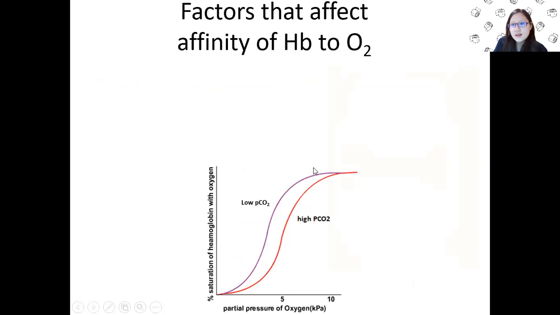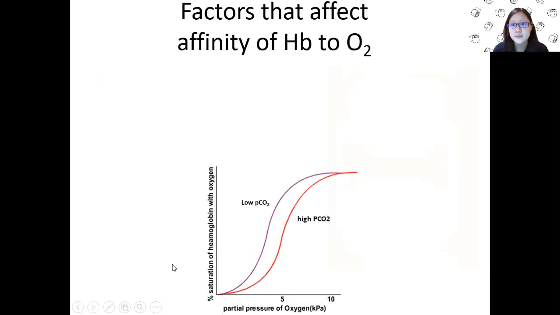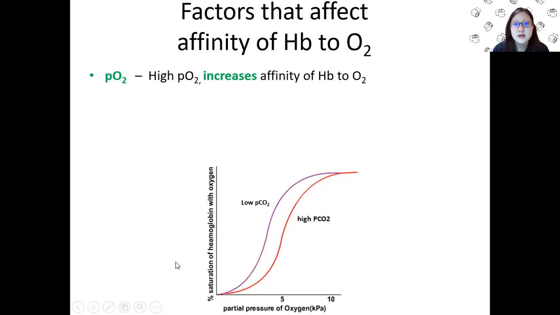Now, why do we say that the affinity of hemoglobin to oxygen decreases at low partial pressure of oxygen? It's because there are also other factors in play when it comes to affinity. Number one, there is partial pressure of oxygen, which we talked about just now. At high partial pressure of oxygen, it increases affinity of hemoglobin to O2.